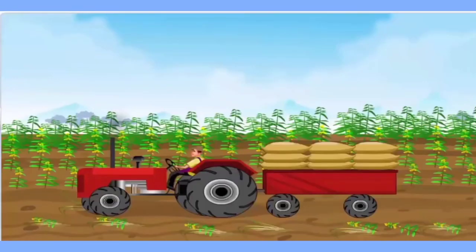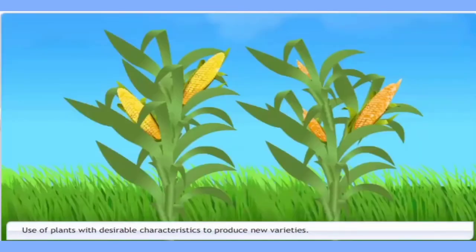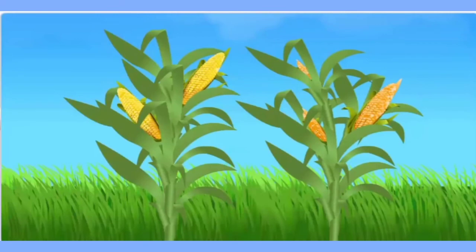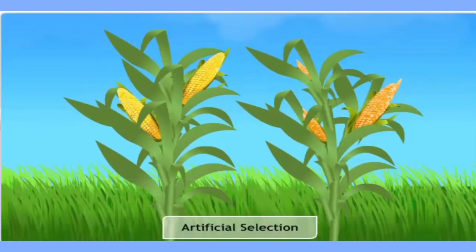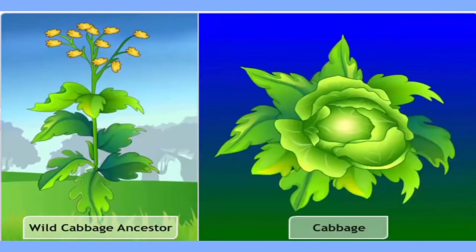There are also many characteristics to prove evolutionary relationship in plants. In the present scenario, farmers use plants with desirable characteristics to produce new varieties by a process called artificial selection. Farmers have descended all these vegetables from a wild cabbage ancestor. Short distances between leaves gave rise to a new variety, cabbage.